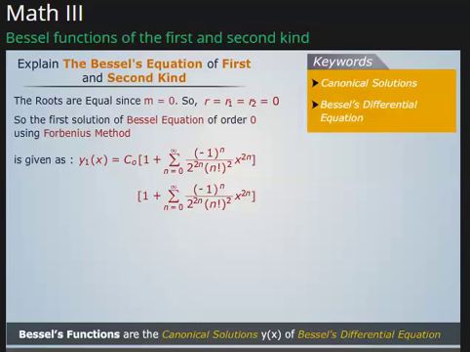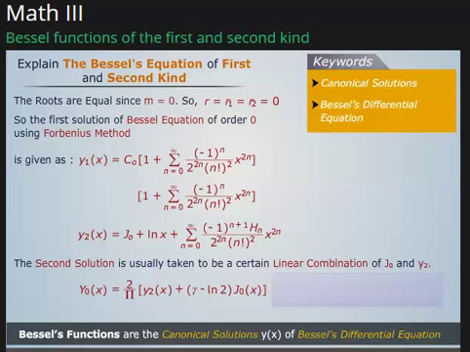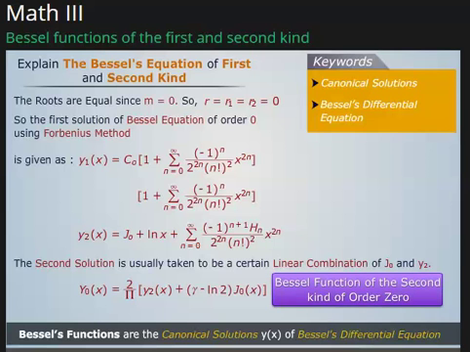The second solution of the Bessel equation of order 0 is, instead of y2, usually taken to be a certain linear combination of J0 and y2. It is known as the Bessel function of the second kind of order 0 and is denoted by Y0.